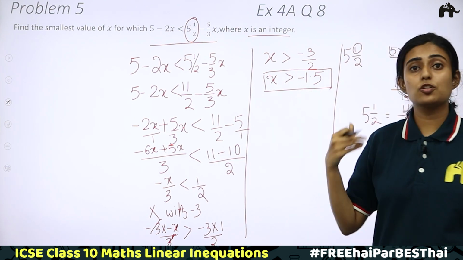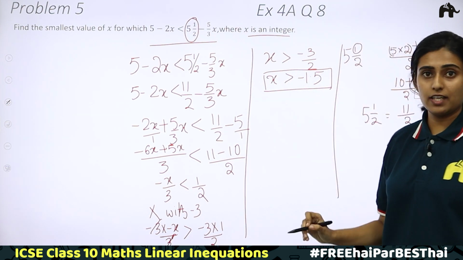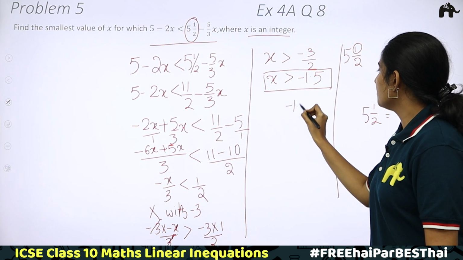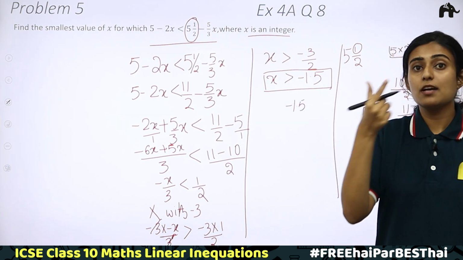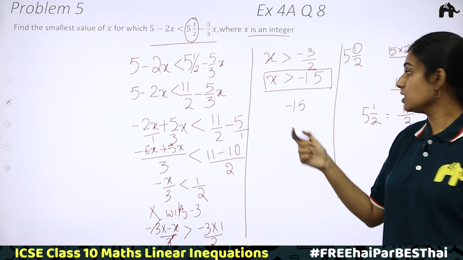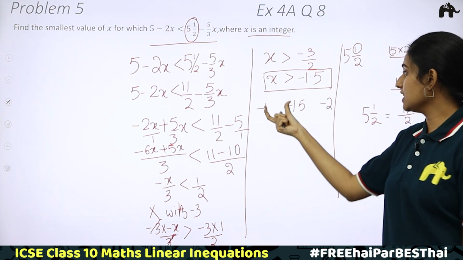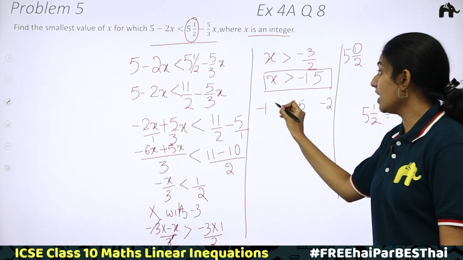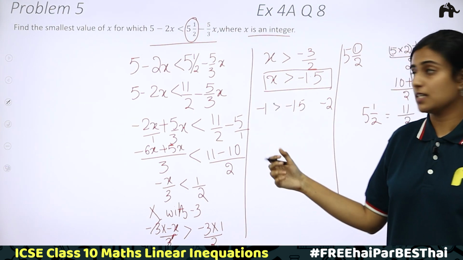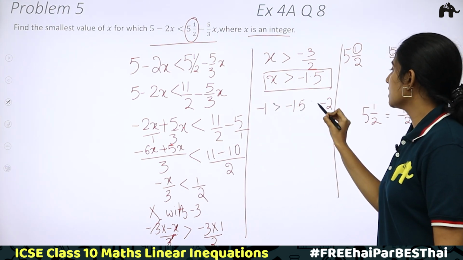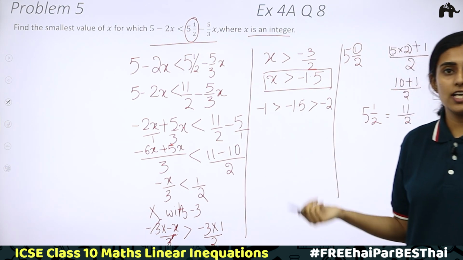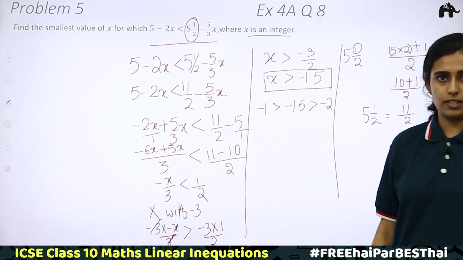X is a number that should be greater than minus 1.5. Minus 1.5 lies between minus 1 and minus 2. Yes? Which is greater? These are negative numbers. Minus 1 is greater and minus 2 is smaller than minus 1.5.